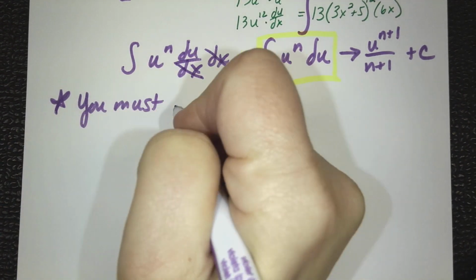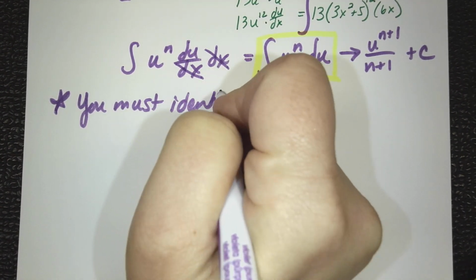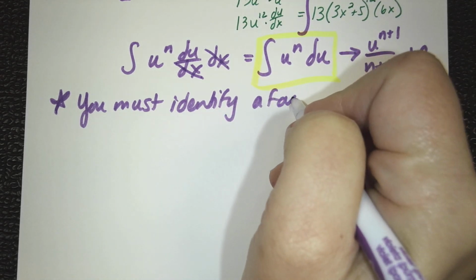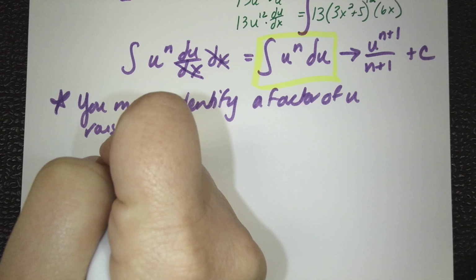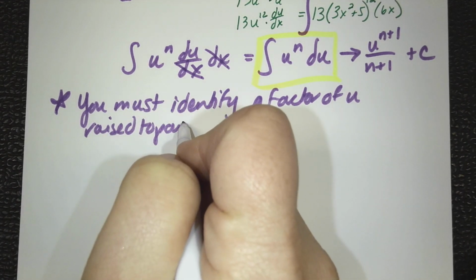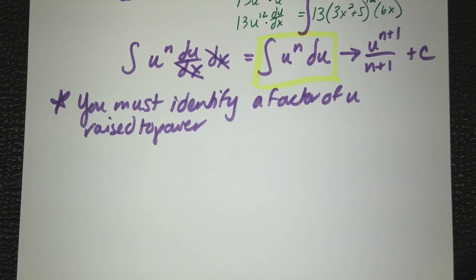You must, so this is the whole gist of what I was just saying. You must identify a factor of u raised to a power. So that's the first thing you're going to look for. Find that factor of u raised to a power. Sometimes it looks like it's raised to a power, sometimes it isn't.